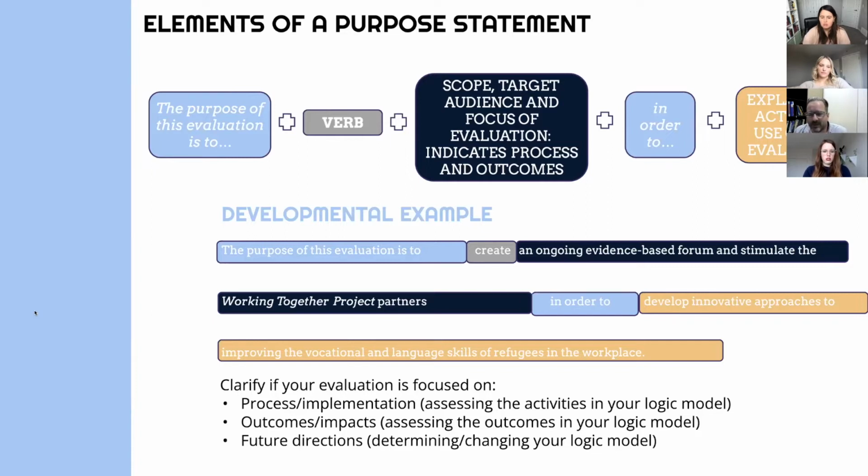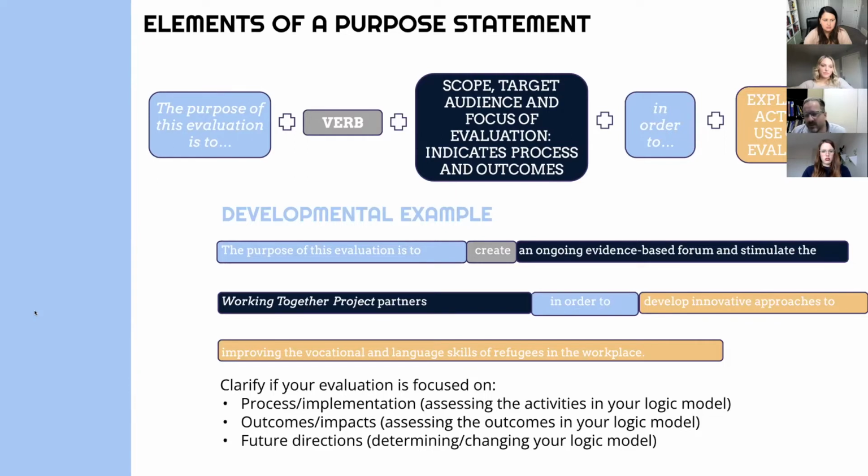Okay. The third sort of, I don't know if that's black or dark blue, big square. We enter in here the scope, the target, the audience for our evaluation. So remember, we talked like stakeholder map, where we talk about who is the primary target for this, right?